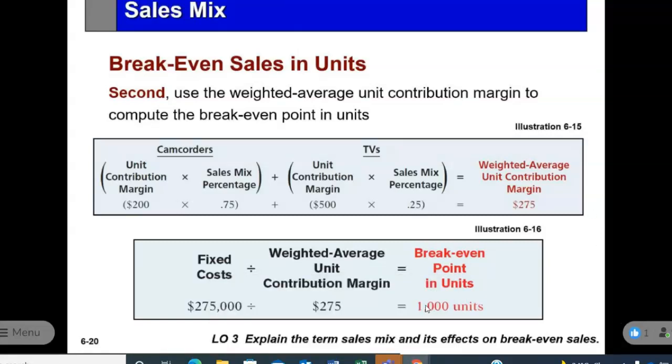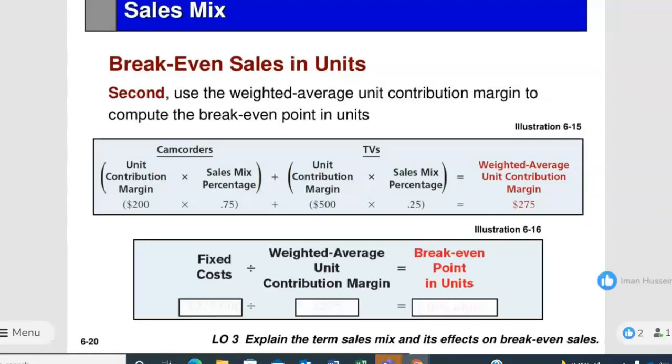Now that's not 1,000 camcorders, that's not 1,000 TVs, that's 1,000 of both combined. So therefore, we have to break it back into 75-25, right? 750 for camcorders and 250 for televisions. You've got to add.